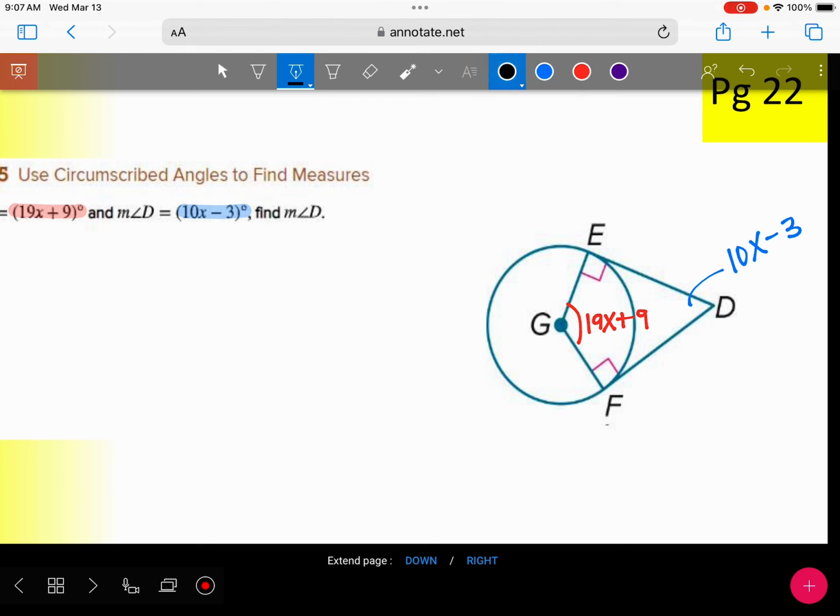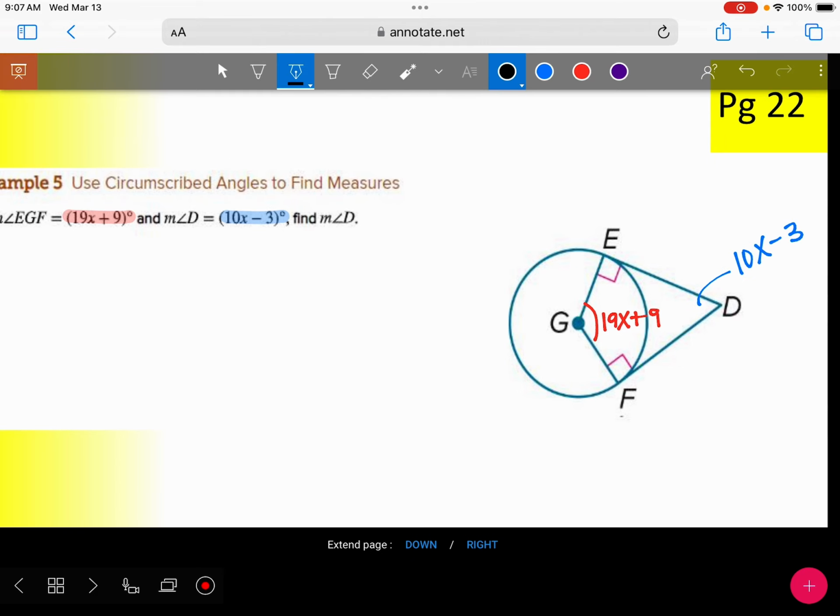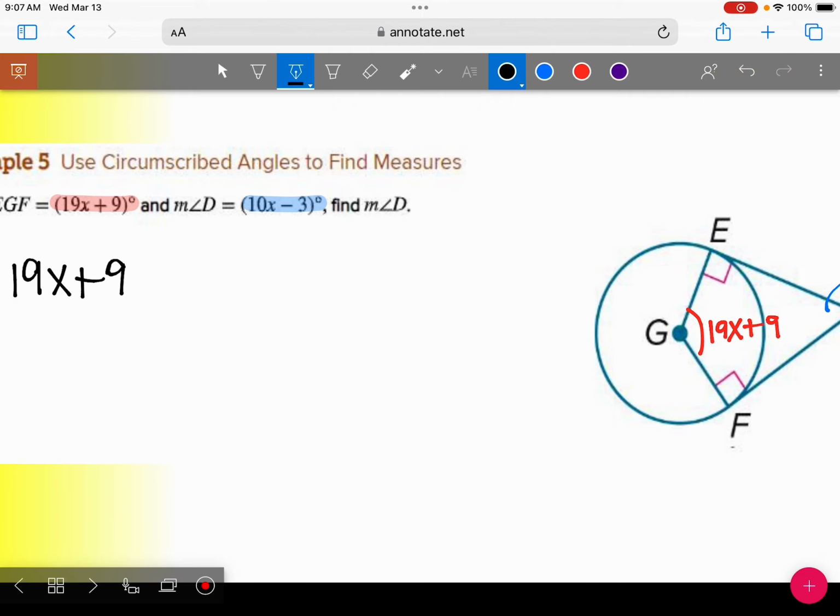So we're going to create an equation. Our equation is going to say 19x plus 9 plus 10x minus 3 equals 180. Go ahead and solve that for x.